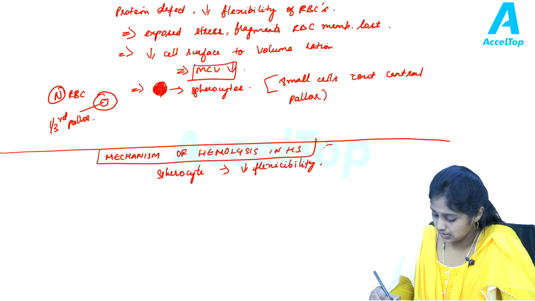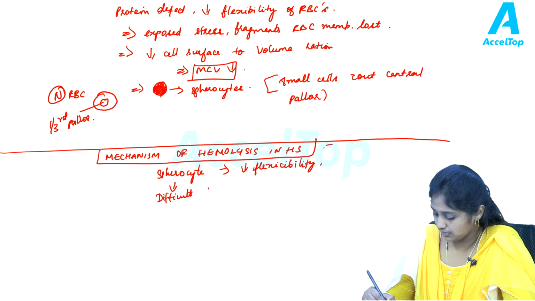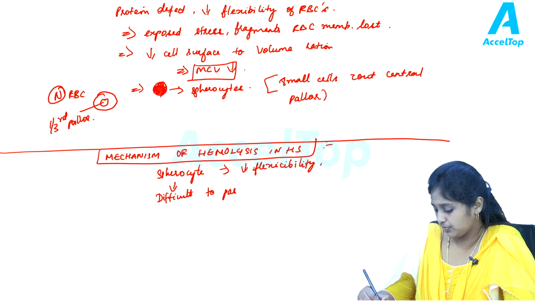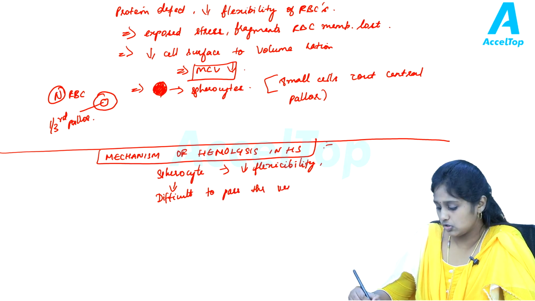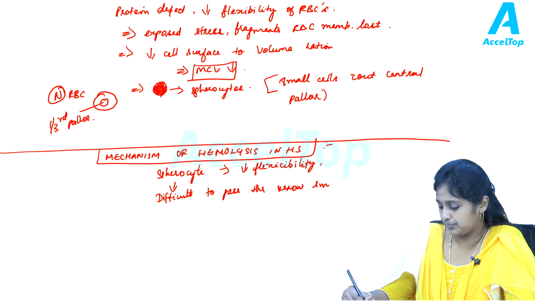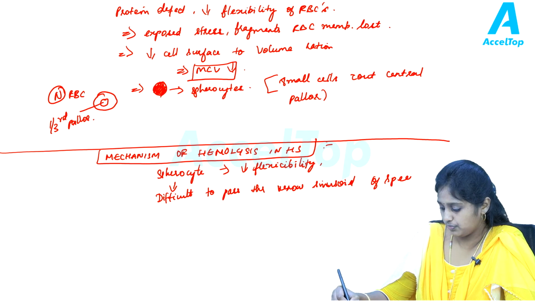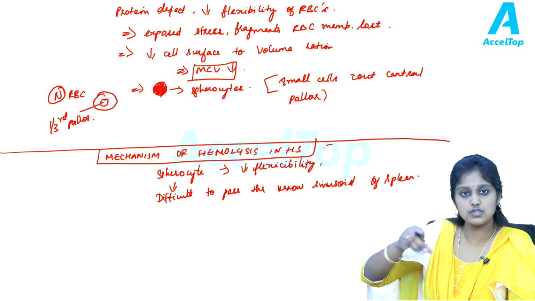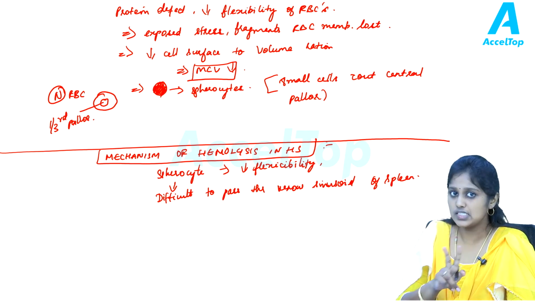So these cells are not able to pass through the venous sinusoids of the spleen. What happens when they're not able to pass? Two things can happen.